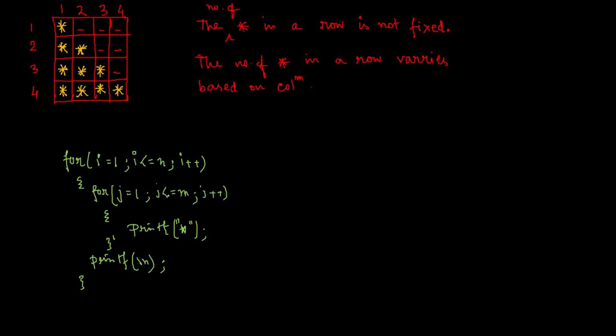That means how many times this loop of column will execute doesn't depend on the row number in this case. But this is not going to be true for this program. The reason is that the number of stars is not the same for all the rows.